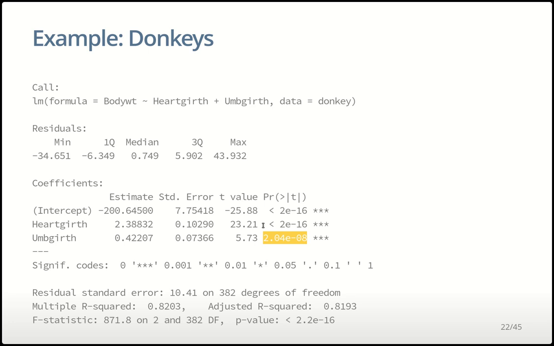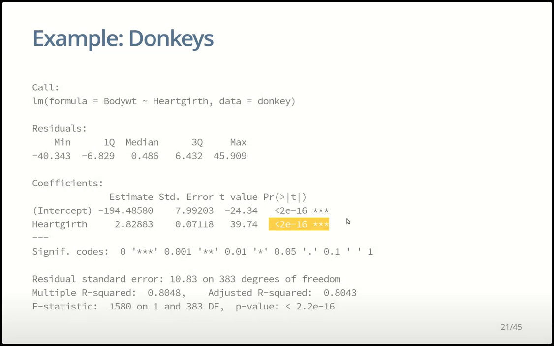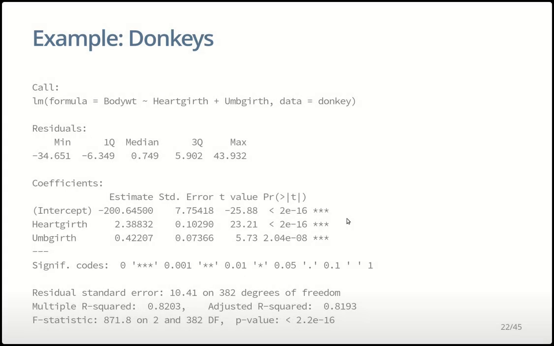Similarly, the p-value for heart girth is saying, is heart girth important after accounting for umbilical girth. So this p-value for heart girth is going to be different to what it was before. The numbers here look the same because they're so tiny, but they'll actually be a little bit different because we've adjusted for umbilical girth in the second model.